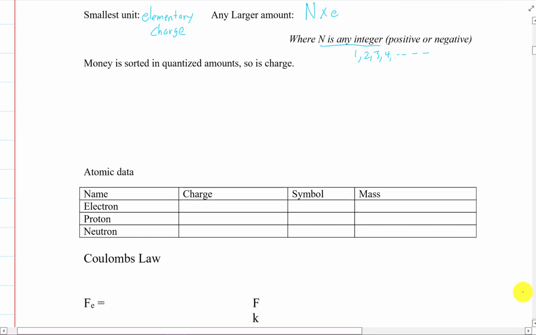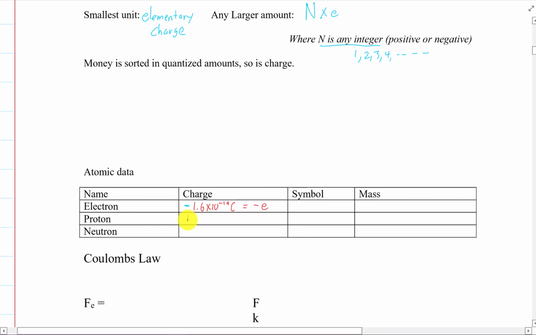Let's learn some atomic data right now. You probably have all these numbers memorized, I'm pretty sure. What is the charge on an electron? It's negative 1.6 times 10 to the negative 19th coulombs, or you could just write down negative e.